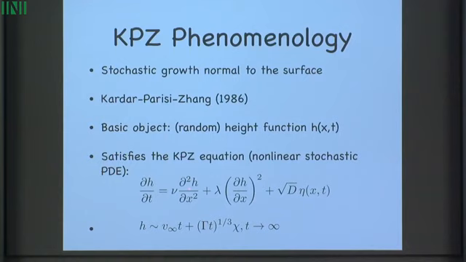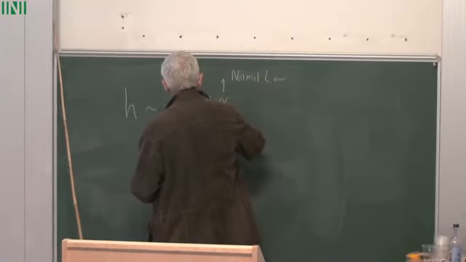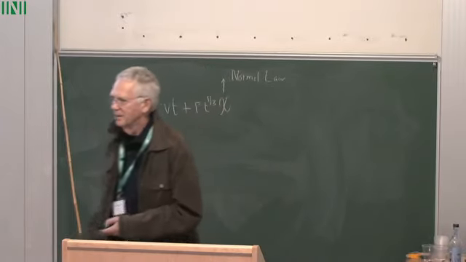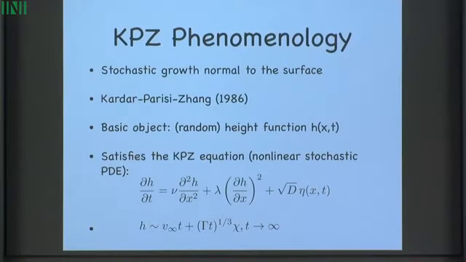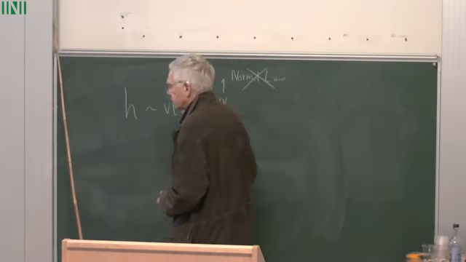This in higher dimensions would be the Laplacian, a coupling constant, and this would be the gradient squared, and then some white noise. And they argued heuristically, based on renormalization group arguments, that instead of this formula, you would have a 3 there. So the fluctuations are on the order of t to the 1/3 rather than square root of t. They made no prediction for this. So there was no prediction.